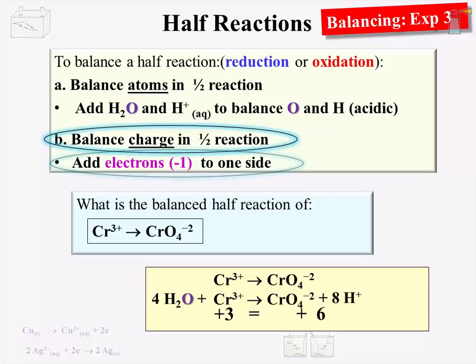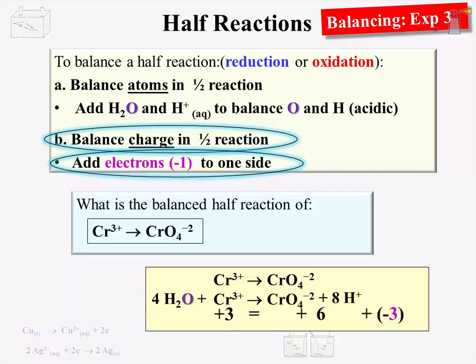The only way to balance them is to add negatively charged electrons to one side. To what side and how many negative charges need to be added? Well, adding a negative value to +3 will only make it smaller. So we will not be adding electrons to the reactants. Adding negative charge to a +6 will make it smaller.